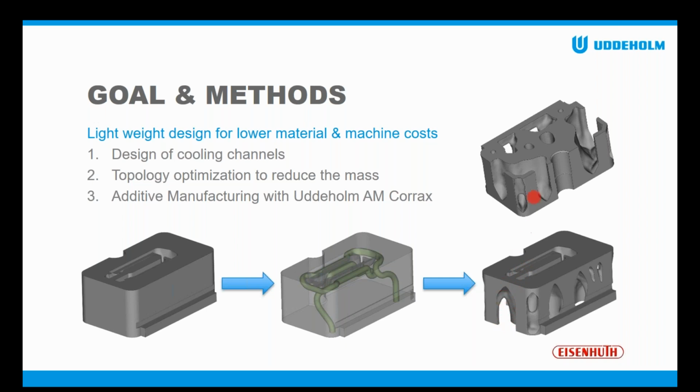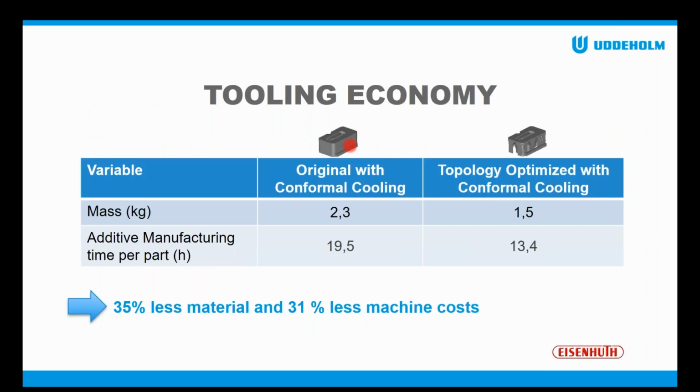And this is quite interesting because imagine milling this tool. That would be really expensive. But when it comes to additive manufacturing, less material also means a cheaper cost to produce. So if we look at the original tool, it has a weight of 2.3 kilos. And when we have topology optimized the tool, now it only has a weight of 1.5 kilos.